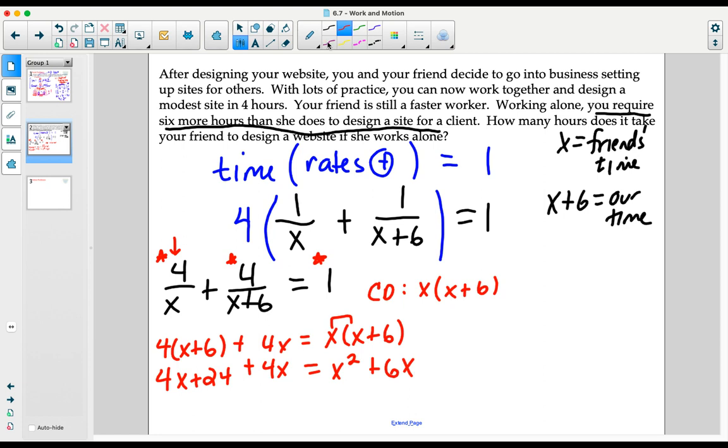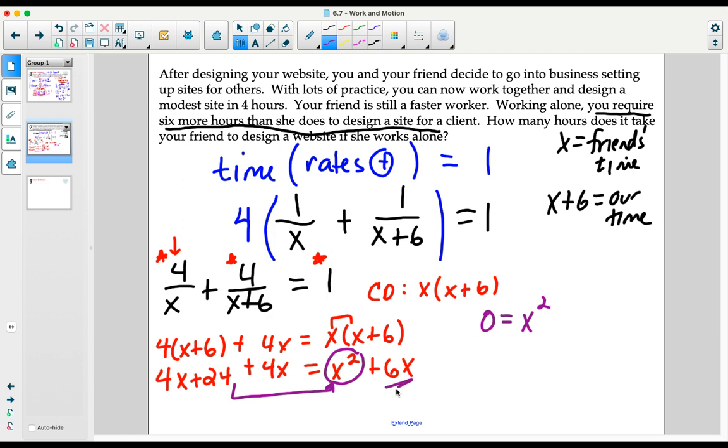I'm going to move everything to the left. I'm going to take everyone and go that way. And the reason is because I want to keep this x squared positive. Sure, I can move it over to the left where there's more terms, and I could subtract away some terms and then multiply by -1 and switch all the signs, but that's not really a necessity. I'm just going to go the way that I know the x squared is already positive. So we're going to leave the x squared, and we know it's going to equal 0.